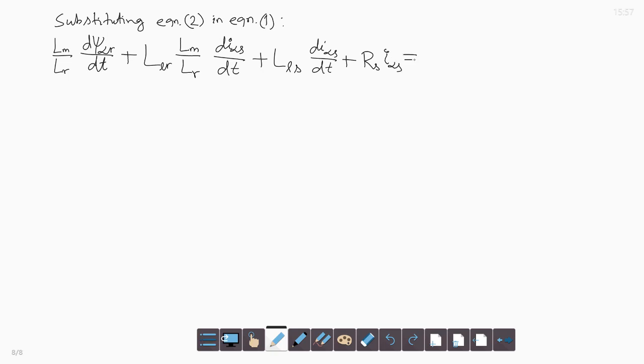This is V alpha s. In equation 1 of V alpha s, we substitute the expression for psi alpha m from equation 2. Okay, we get this. So, combining the second and third term, in the whole equation, we have di alpha s by dt multiplied with the two inductance additions, and using equation 3 in that place.